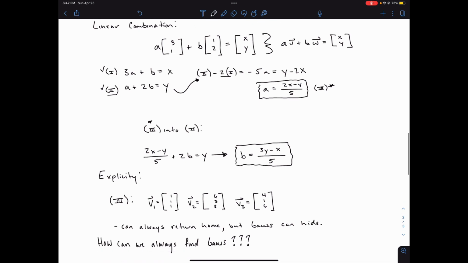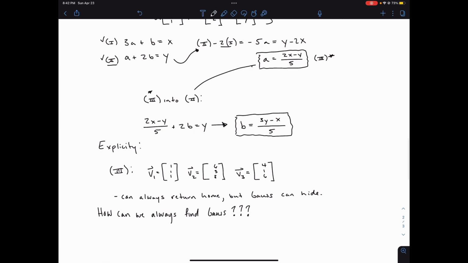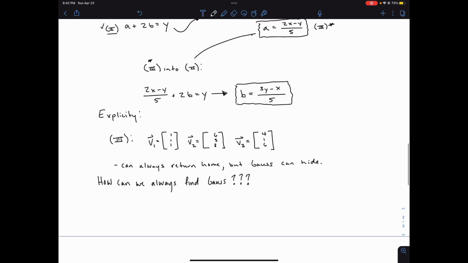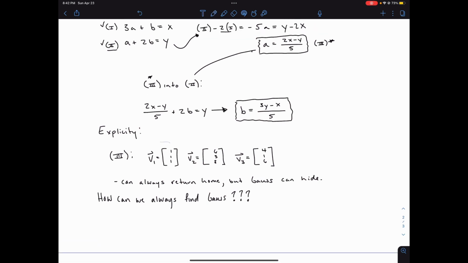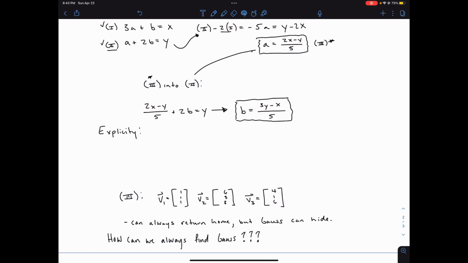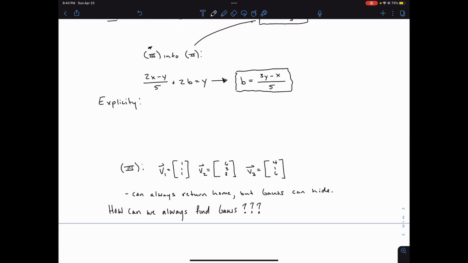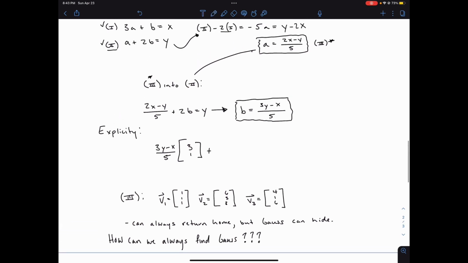And we can just substitute this result into equation 2. Upon making the substitution, we find that b is equal to (3y minus x) over 5. So we can show that for any x and y in R2, we have (3y minus x) over 5 times our (3, 1) vector plus... oh gosh, I am so sorry.